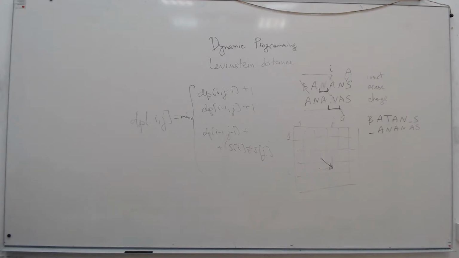We did the same thing with the turtle and the grasshopper last time. So we know that the state is ij. So what should we do to restore the answer? We found the smallest Levenshtein distance, and we want to restore the answer.